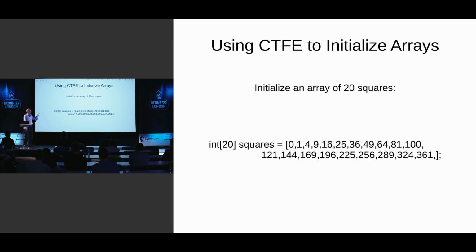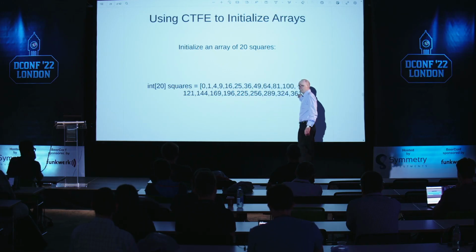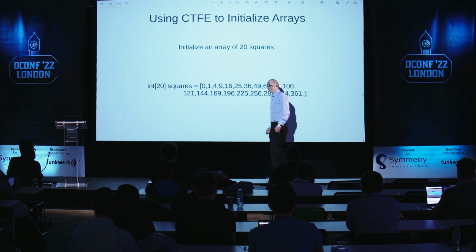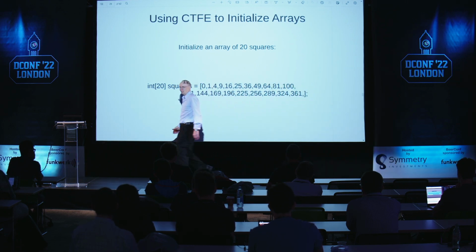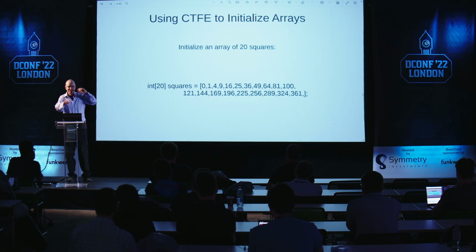So let's say we need a static table of squares for speed, and here's how we initialize it. How many people know that 19 squared is 361? Not me. How many people can do it in your head? Yeah. You can?